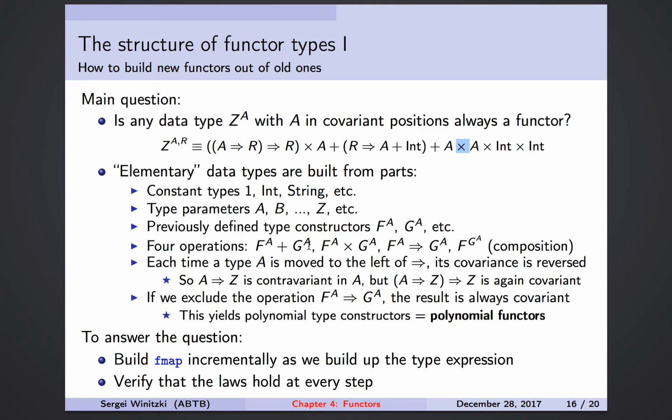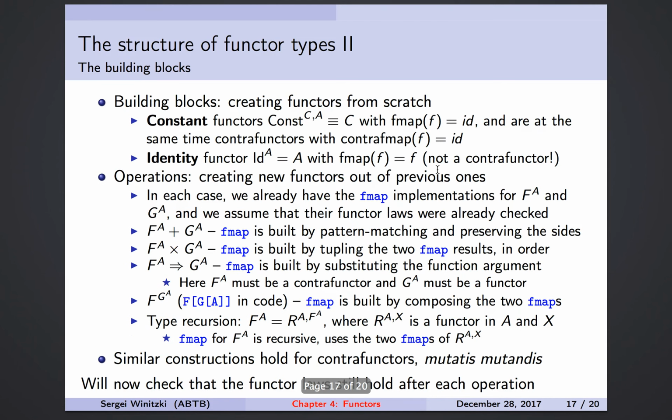And once we go through all possible steps, which are only 4, as far as I can see here, then we're done. We will have proved by induction that any type constructed from these operations will be a functor. So let's see how that works.